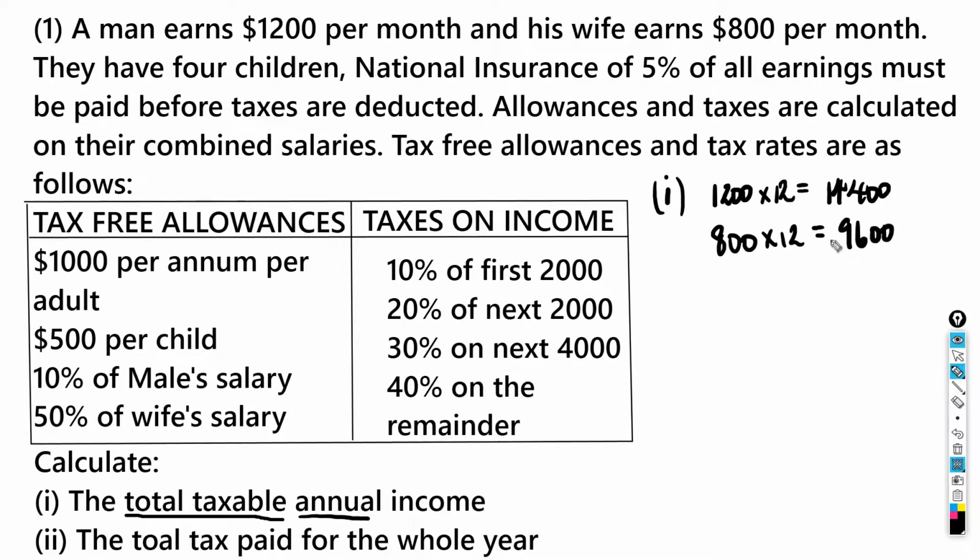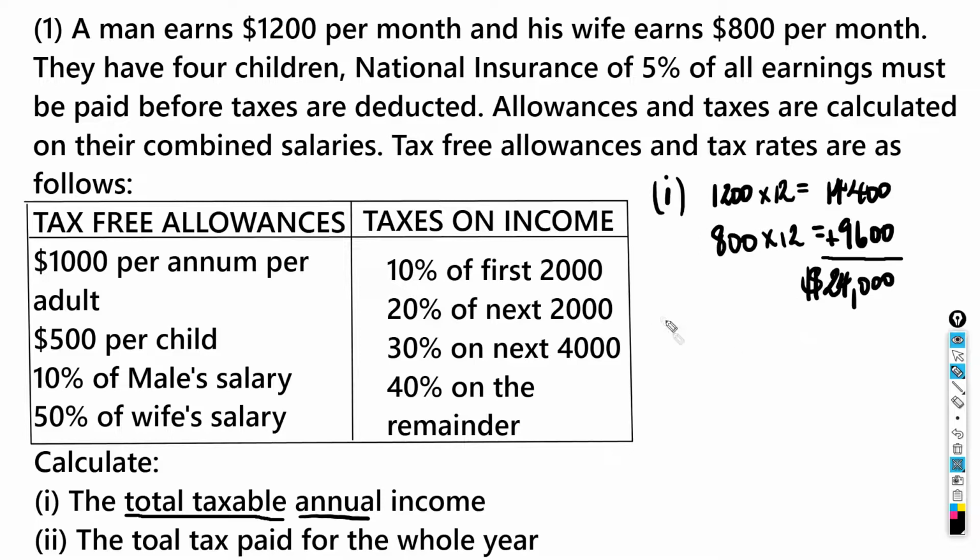So when we add these two, we should actually get 24,000. So this is how much income they earn before the tax-free allowances.